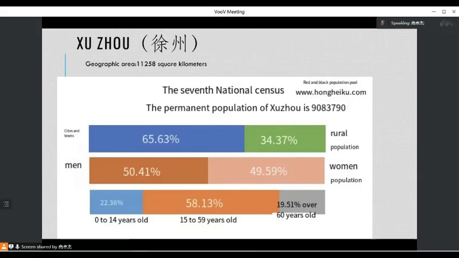The city we will list is Xuzhou, in Jiangsu province, which is also the seat of Jiangsu Normal University. Our university is located in Xuzhou.